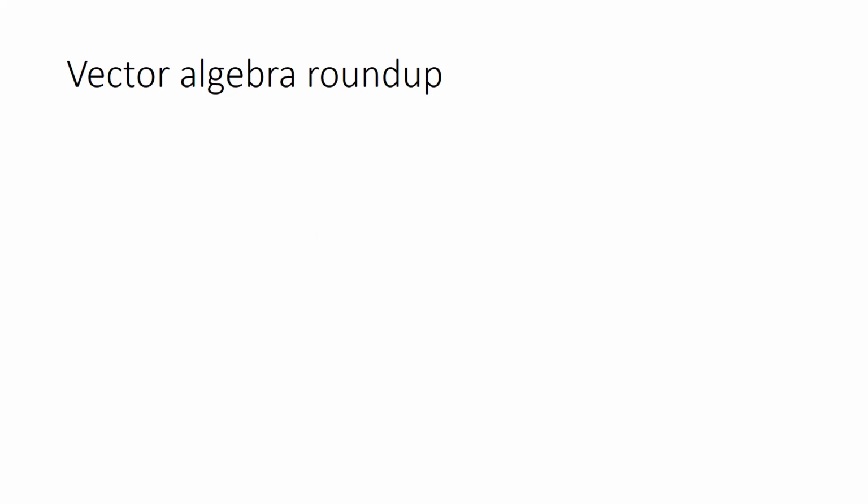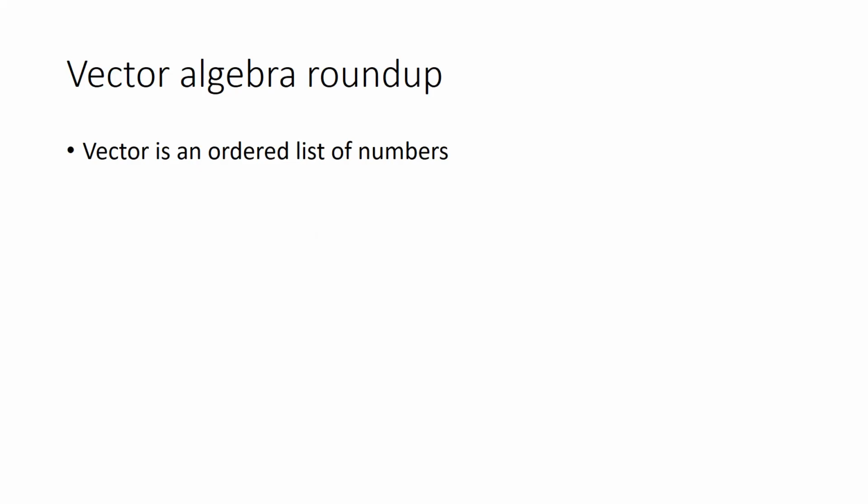So let's do a vector algebra roundup. This is section 1.1 of the textbook. First, what's a vector? A vector is a magnitude and a direction. That's true in 2 or 3 dimensional space, but in general, a vector is mathematically just an ordered list of numbers.